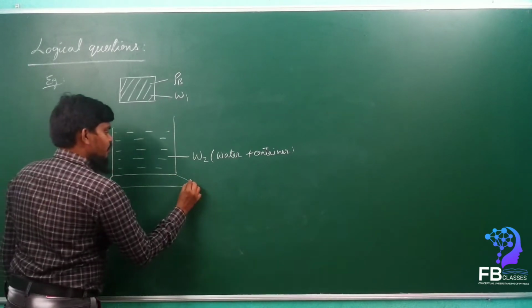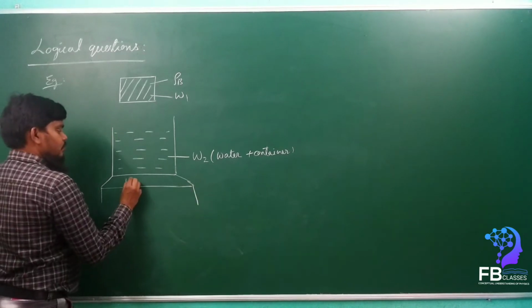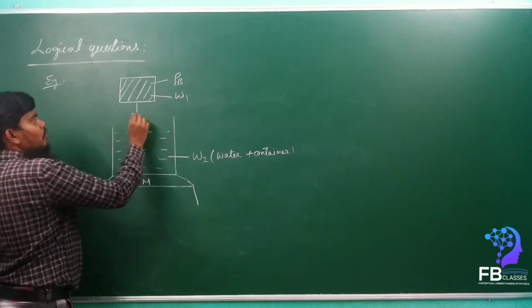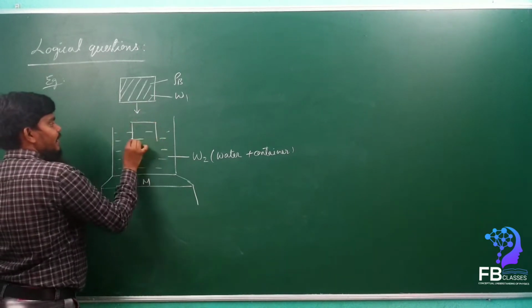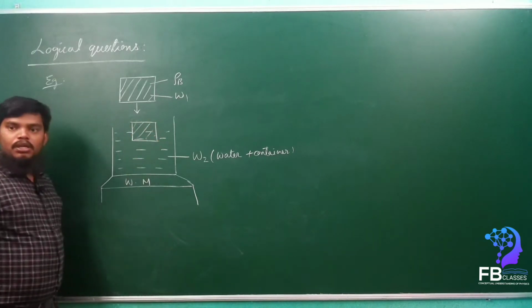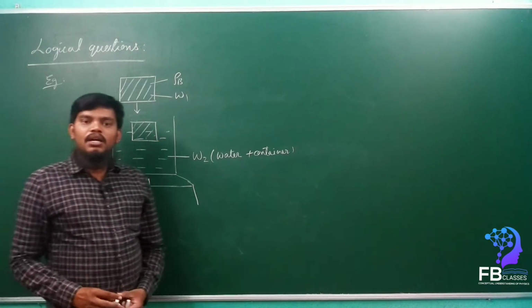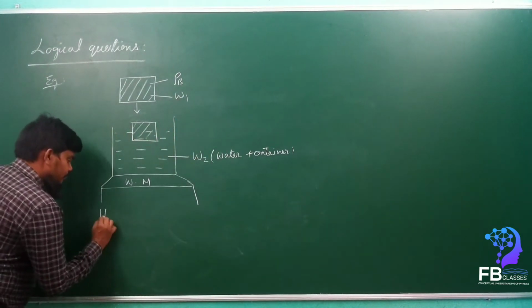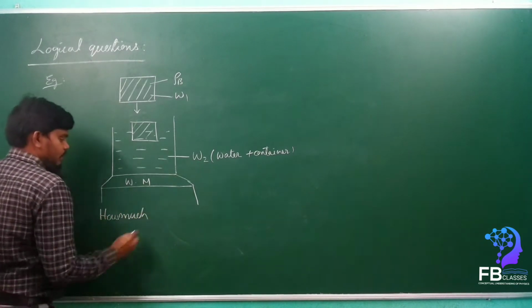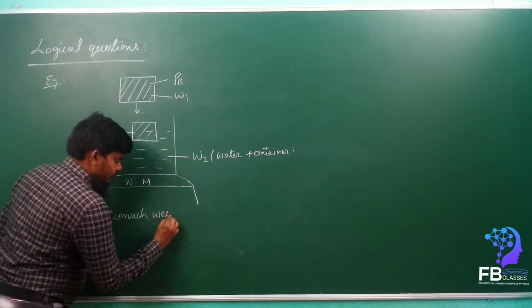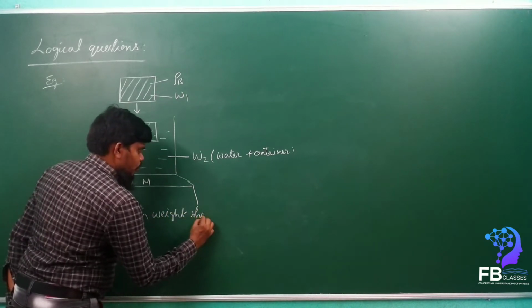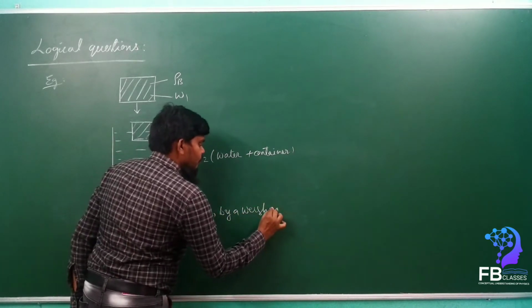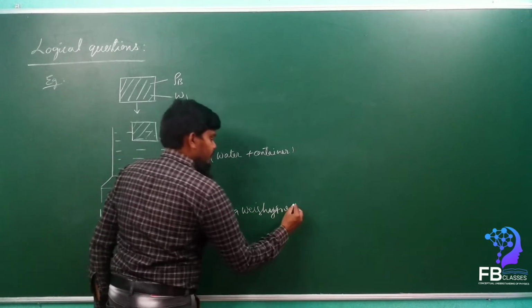Now, once we add this block to the container, we have to say what reading is shown by the weighing machine.